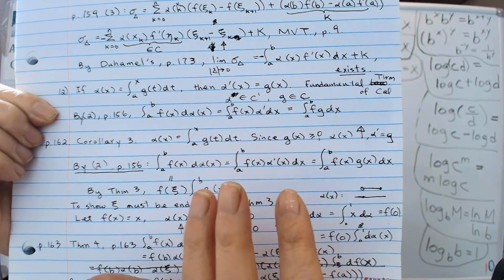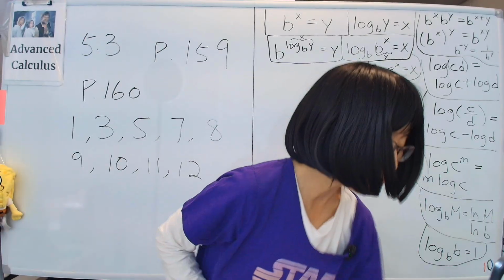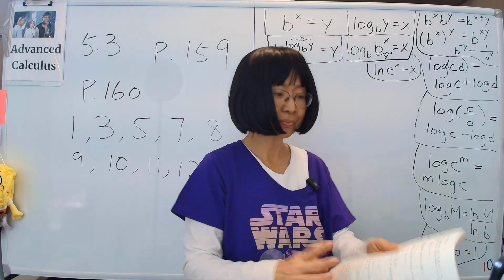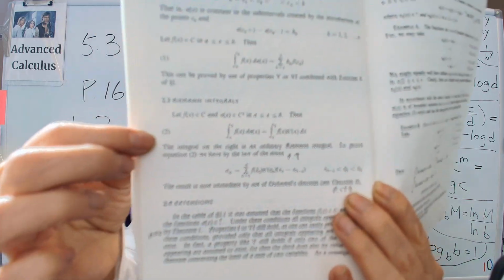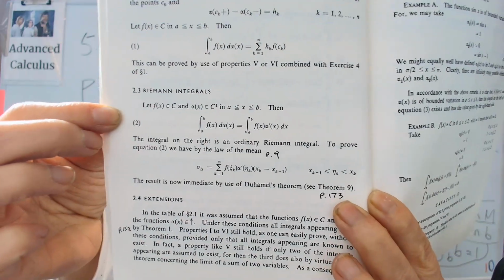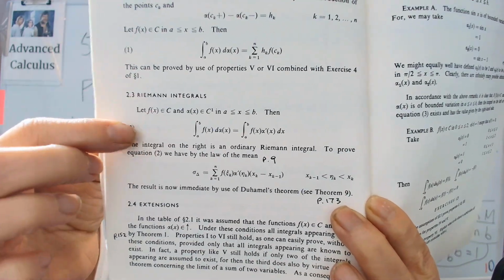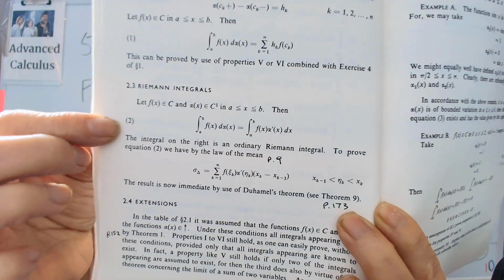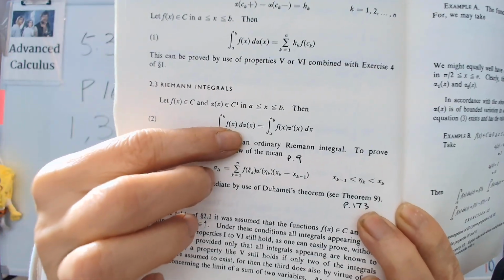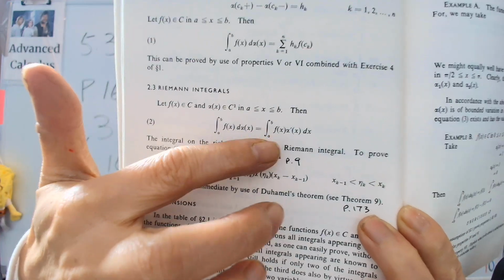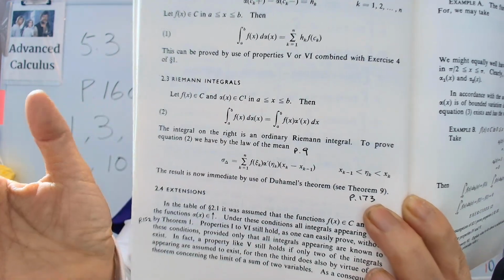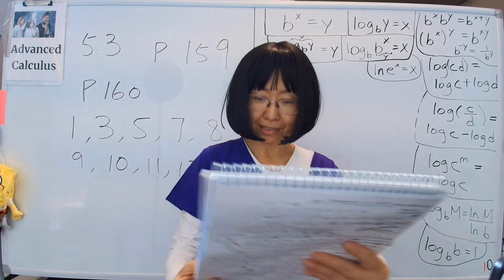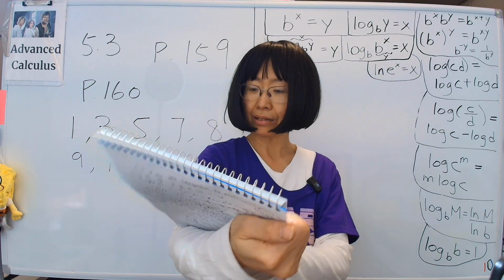So let's look at equation 2 on page 156 again to be sure. Equation 2 on page 156 says f is continuous and alpha has to be in C1, continuously differentiable. If that applies, then f d alpha is f alpha prime dx, which is the same situation as the Riemann integral.